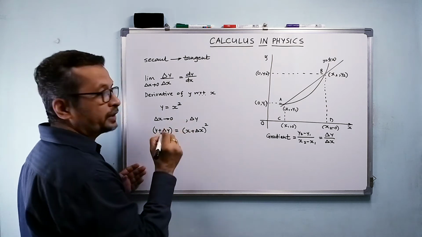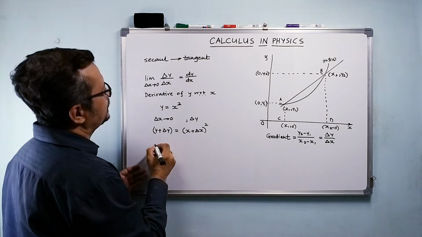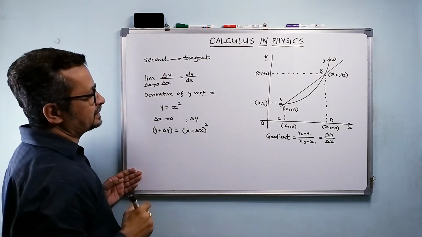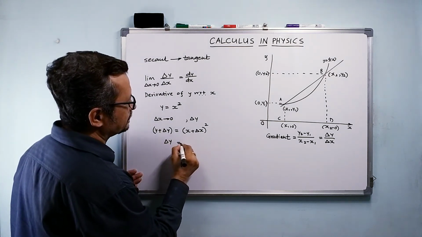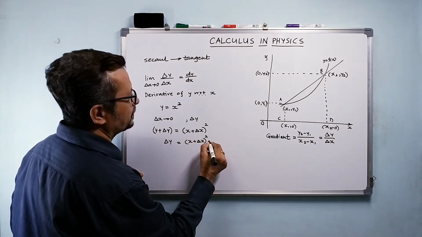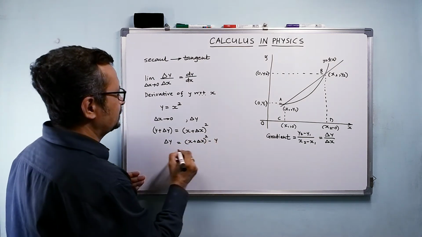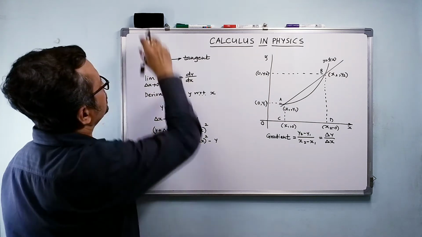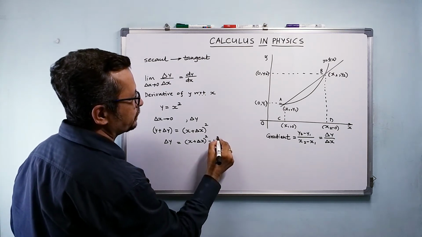So now what do I do? I take the limit of delta y by delta x as delta x tends to 0. What is my delta y then? (x plus delta x) square minus y, which is equal to, since y is equal to x square, instead of writing y there, I will write x square.